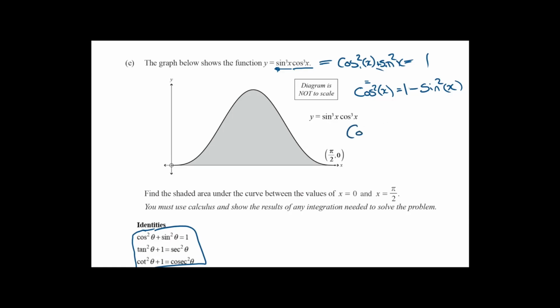Now, cos cubed is just cos of x times cos of x, so cos squared of x and cos of x. Now, this is going to be very, very useful because I know what's going to happen to this cos x at the end when I come to change variable.